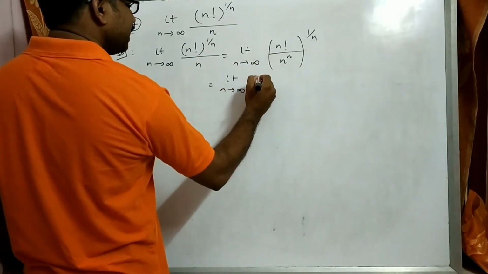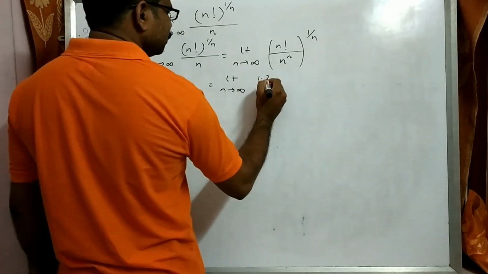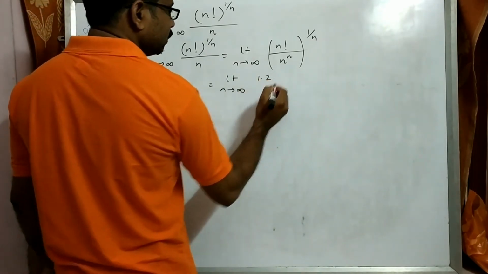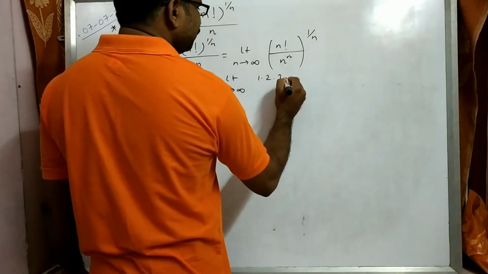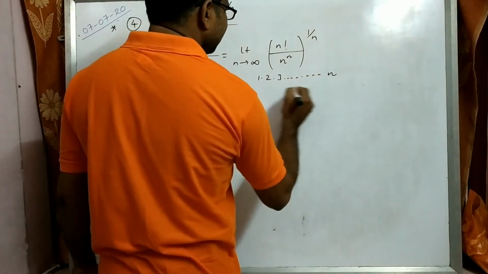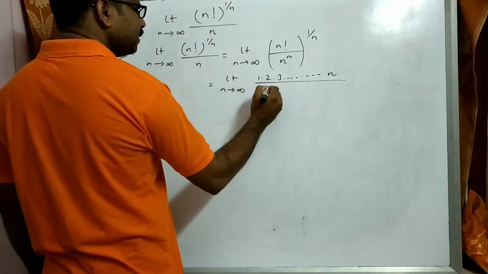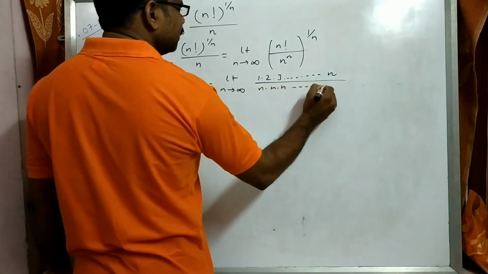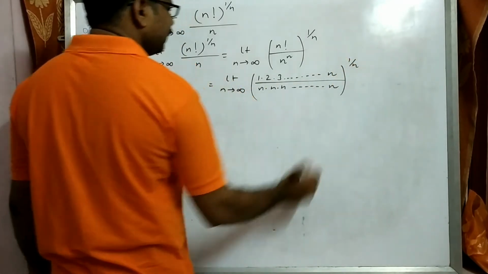So limit n tends to infinity. What is n factorial? 1, 2, product of first n natural numbers. Continued product of first n natural numbers. Right? 1, 2, 3, so on n, by n power n means n, so on n times, whole power 1 by n.